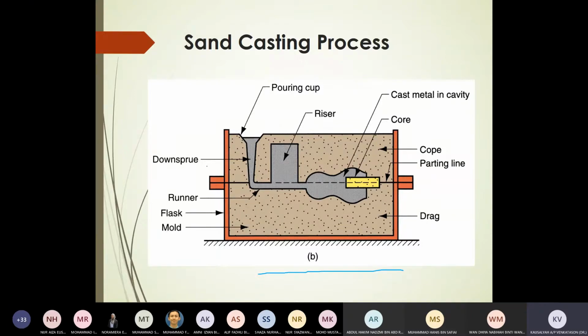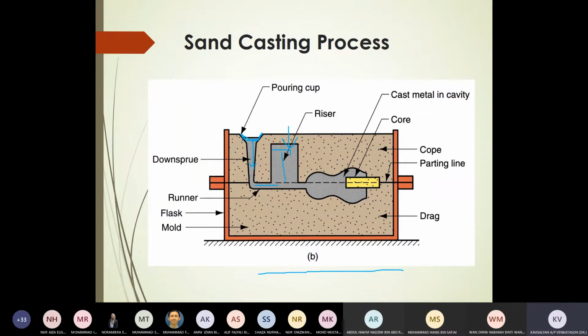So for sand casting, you will see that you will have a pouring cup, which is like in your sand, you dig out a tapered, drafted shape, and then you have your down sprue where the material will flow down, and then there is the runner, and there is a riser given over here for the metal to rise. Usually it will be notable from the top. And then you have the shape, the cavity over here.